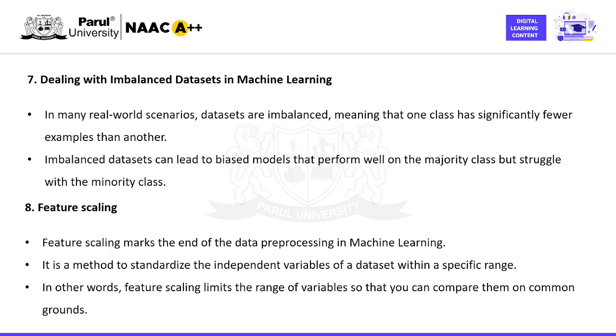The next one is dealing with imbalanced dataset in machine learning. In many real world scenarios, datasets are imbalanced, meaning that one class has significantly fewer examples than another. An imbalanced dataset can lead to a biased model that performs well on the majority class but struggles with the minority class. Suppose, for example, credit card fraud.